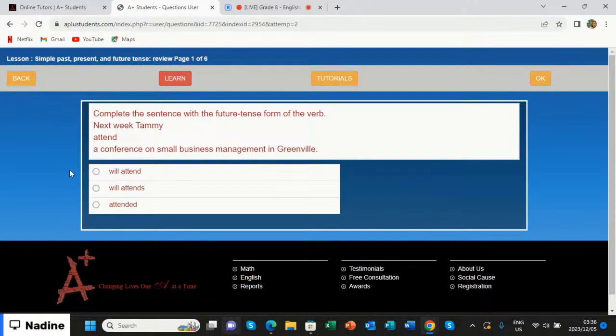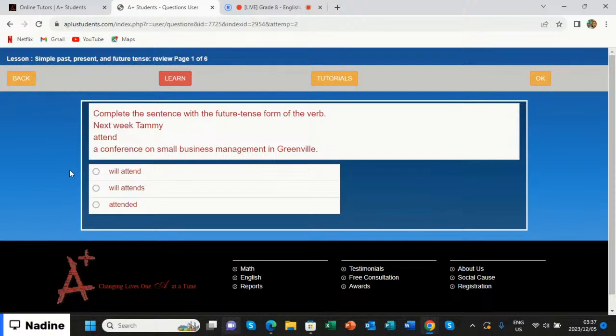So now we need to complete the sentence with a future tense form of the verb. Future tense. Next week, Tammy attend a conference on small business management in Greenville. So attend is the word that we are either going to change or add something on to show the tense.